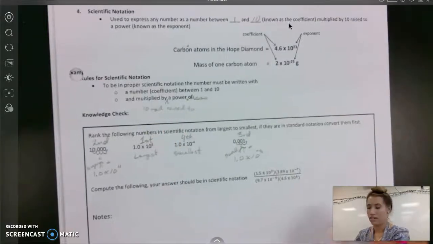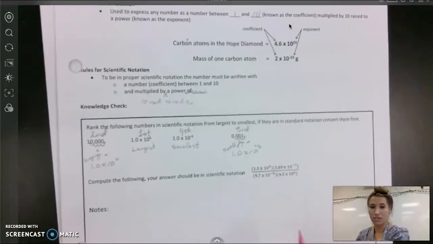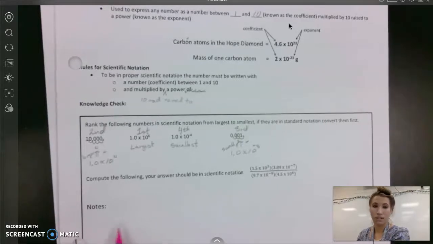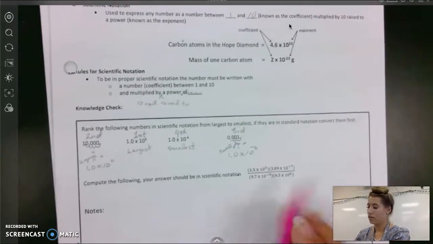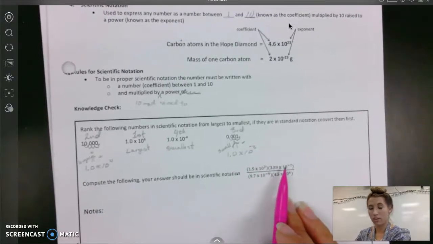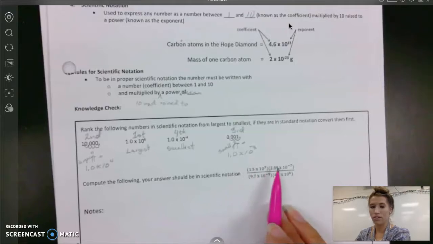All right. Now, you're going to be dealing a lot with scientific notation where you're multiplying them together and dividing them. So here's a trick that you may want to add to your notes. If you are multiplying 2 numbers in scientific notation, you're going to multiply the coefficients and you're going to add the exponents.